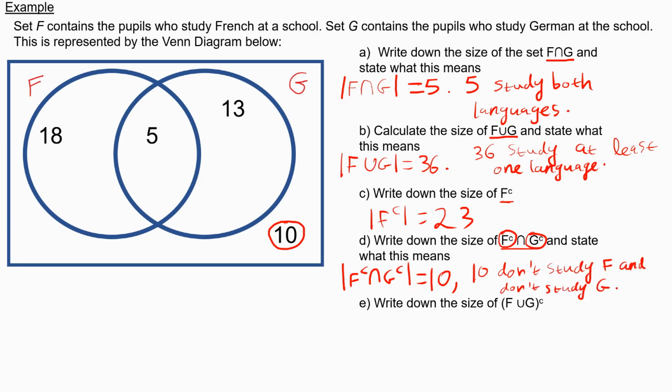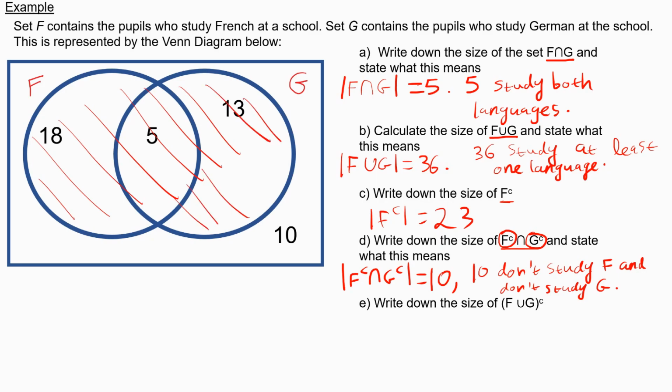For E, we want the size of F union G complement. Now that again looks quite complicated, but first of all, let's think what F union G is. Well, F union G represents both of the circles and the intersection. So basically, if you're in F union G, you study at least one language. But then we have brackets F union G complement.